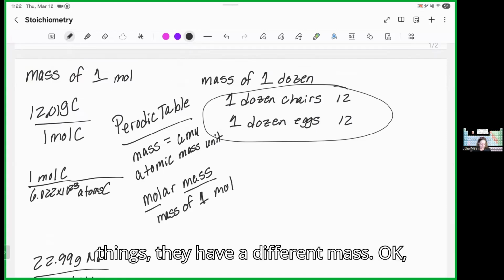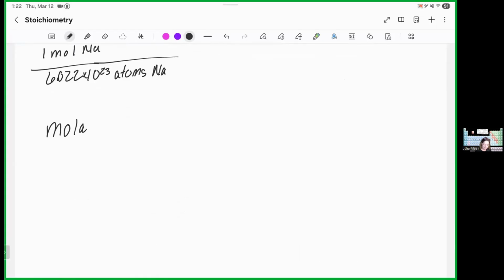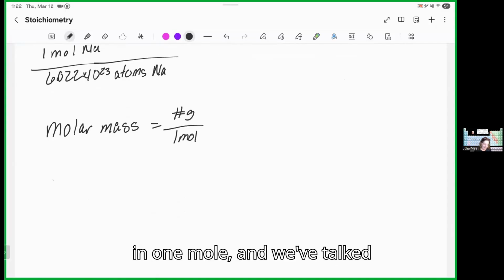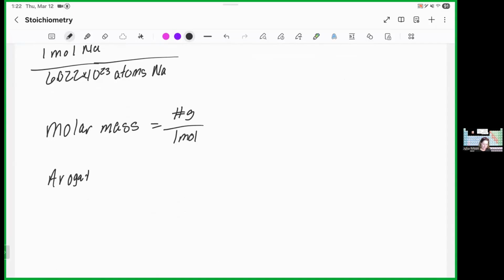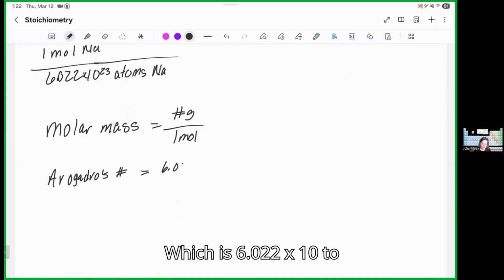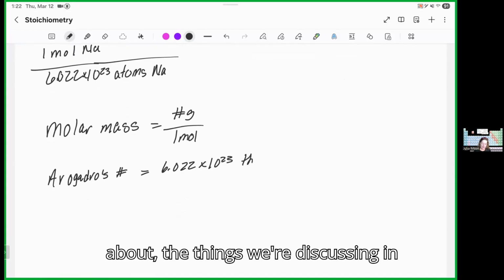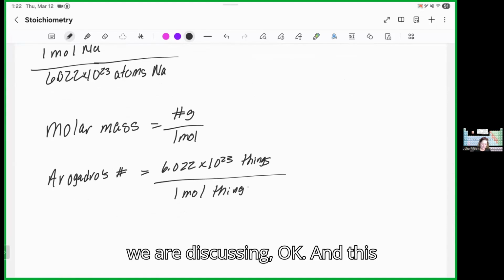Okay, so we've talked about molar mass, which is your number of grams in 1 mole, and we've talked about Avogadro's number, which is 6.022 times 10 to the 23rd things, whatever we're talking about, the things we're discussing, in 1 mole of those things that we are discussing.